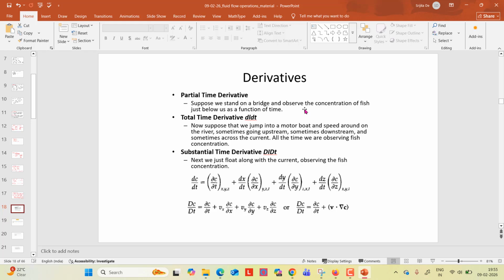We just float along the current observing the fish concentration. That means we are only following the current. In the previous case of the total derivative, we could go anywhere, along the current or opposite to it. But in the case of the substantial time derivative, we move along the current. So this is how it is represented. Here dc is represented as a concentration; you can think of it as a velocity also.